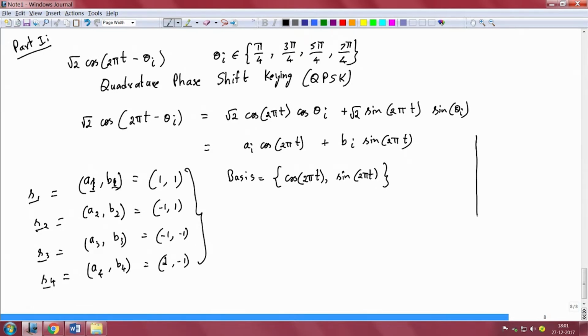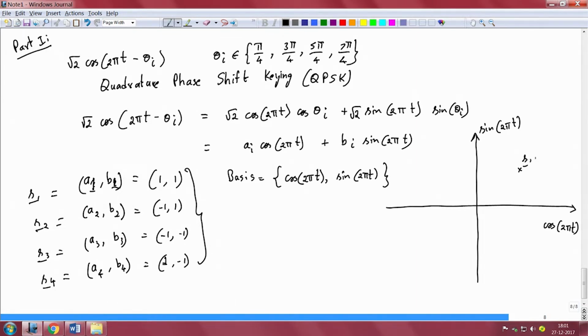In order to visualize what it means, here we have sin 2 pi t and cos 2 pi t axes.